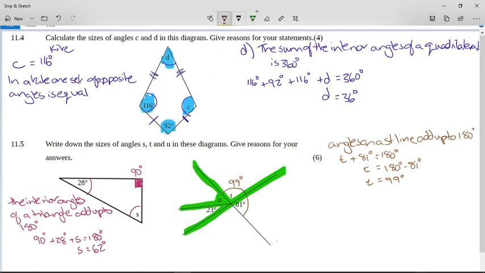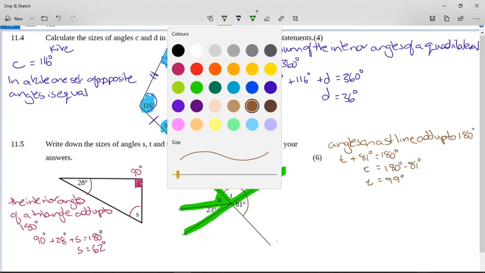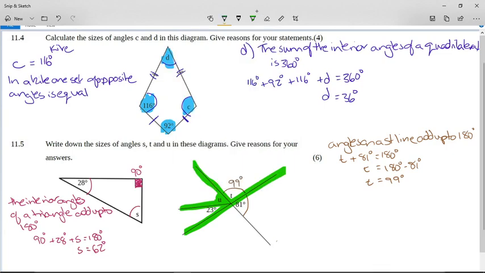So if I wanted to do this question, I could again say to you that angles on a straight line add up to 180, and then I say 99 plus U plus 23 equals 180.